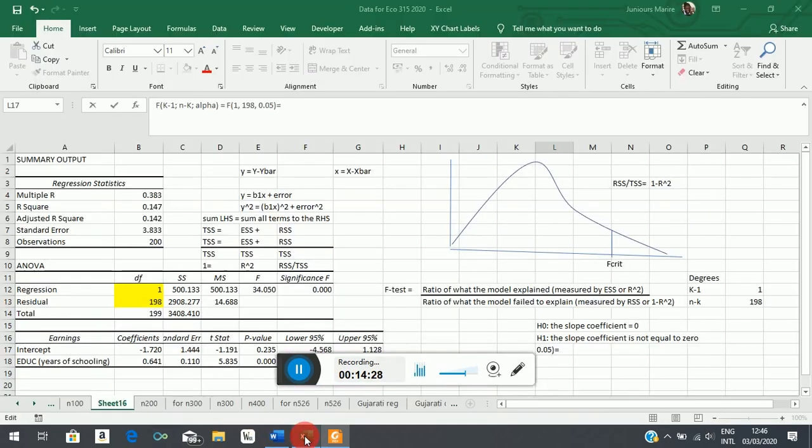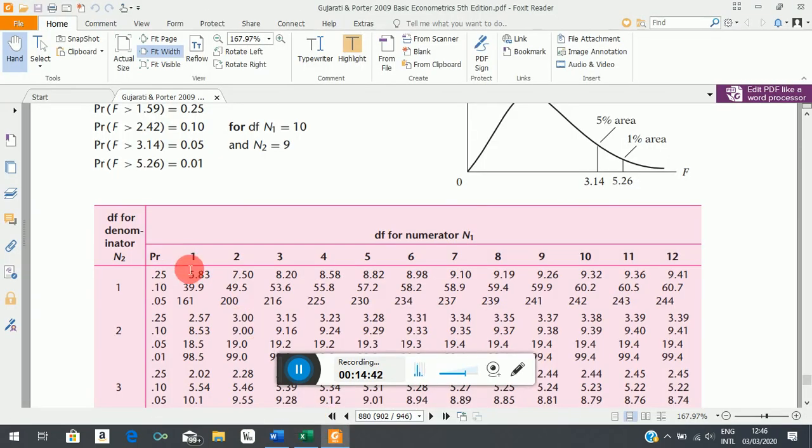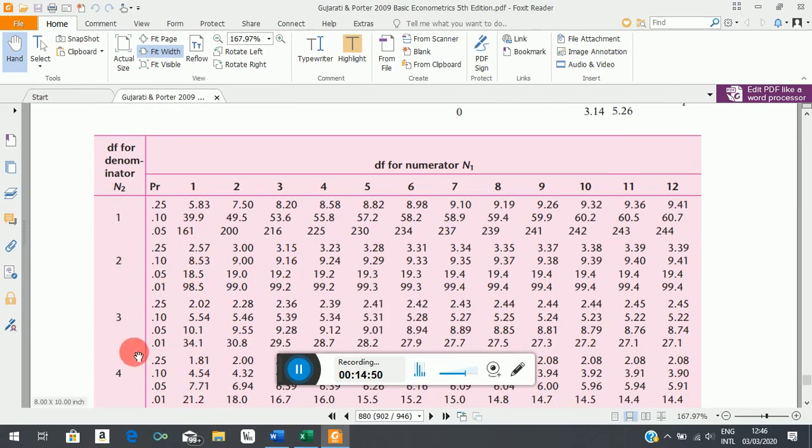Now we are carrying our test at 5% level of significance here. And we have 1 numerator degree of freedom and 198 denominator degrees of freedom. So we are under this column where we have 1 numerator degree of freedom. We want to look for 198 here.